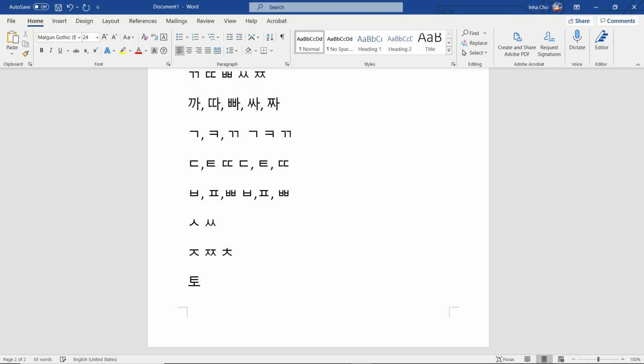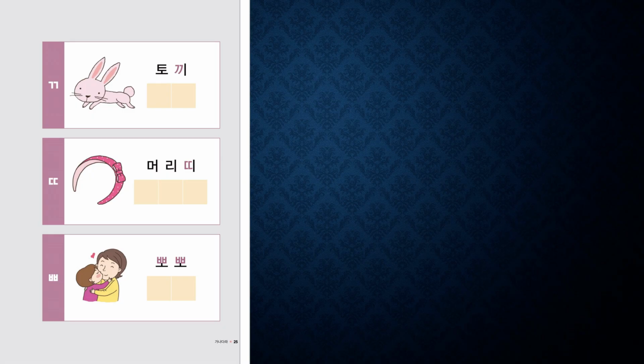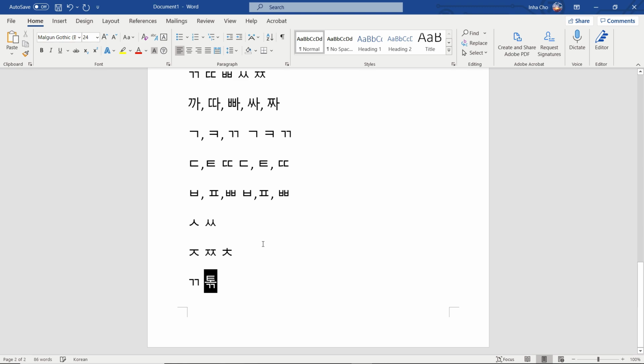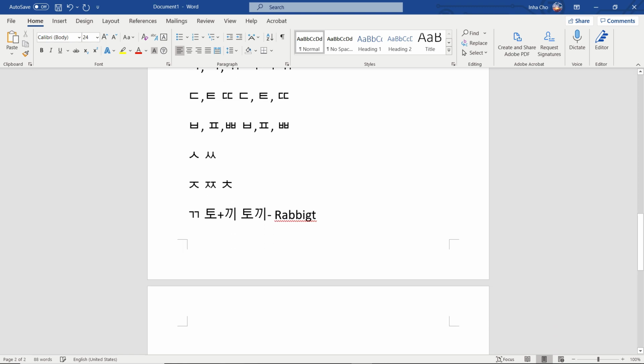First we have 토, we have 쌍기역, we have 토, and then plus 쌍기역, and then 이. So we have 토끼, which is of course a rabbit.